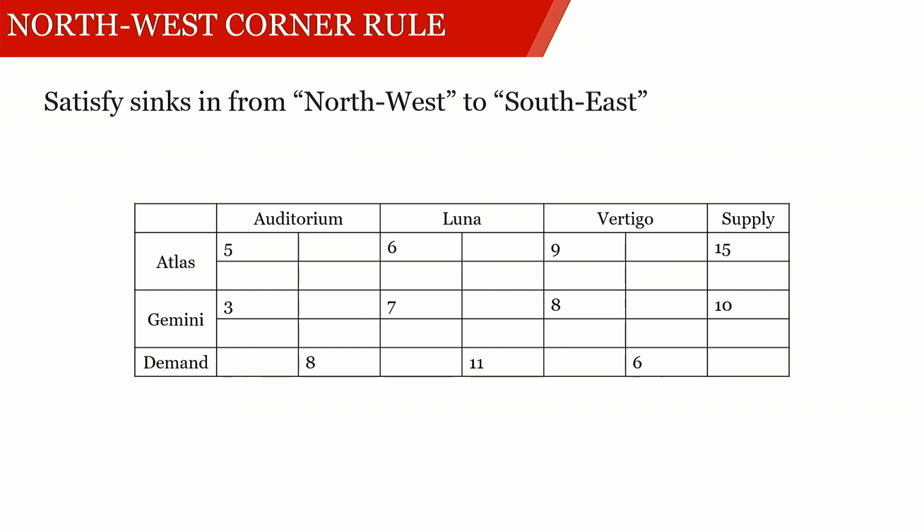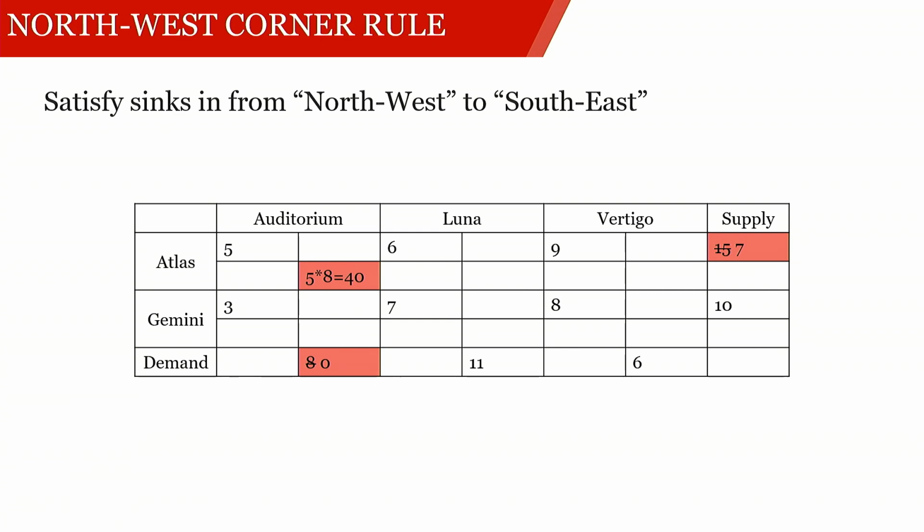So we're always starting in the top left corner with Atlas and Auditorium, and we satisfy as much as possible, which in this case is a demand of 8 at Auditorium with 8 of the 15 supply that we have in Atlas. So we have 5 times, because that's the cost of direct shipment from Atlas to Auditorium, times 8, which is the minimum of 8 and 15, which is 40, which is the cost that we have so far.